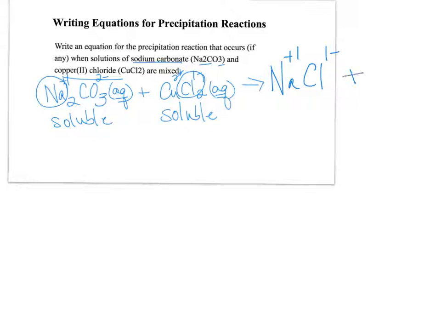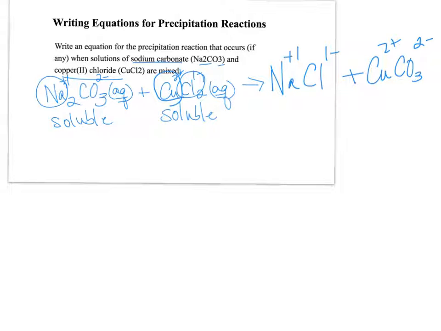And then I'm going to combine that with the copper and the carbonate, CO3. And I know that my copper has a charge of +2, and carbonate also has a charge of -2, so they're going to come together in a 1-to-1 fashion, just as NaCl comes together in a 1-to-1 fashion as well. So you want to make sure that you recheck your subscripts afterwards and see if you need to rearrange these now that they have come together.